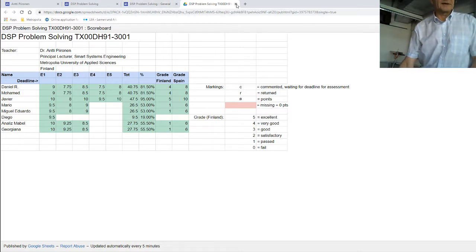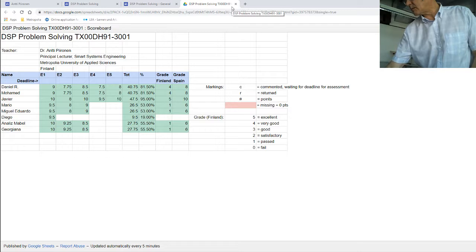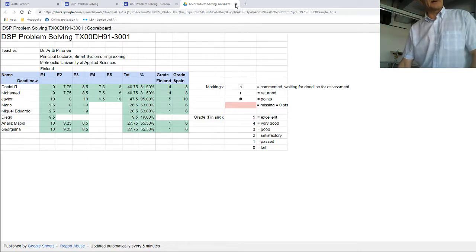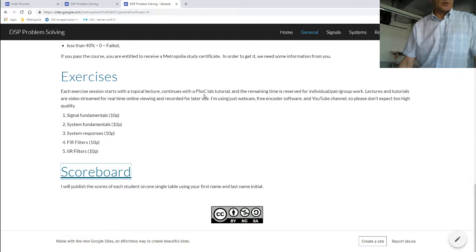So it's a scoreboard which is more or less in real time when you have returned an exercise. When I open it, I also open my part of the sheet and start giving you points. All right, and I haven't got any hesitation of giving those ones. It's a passing grade.